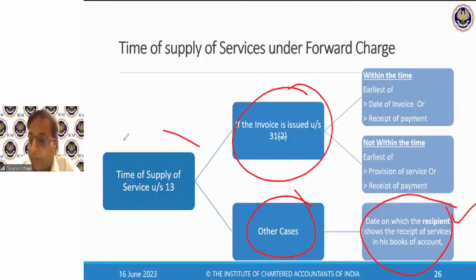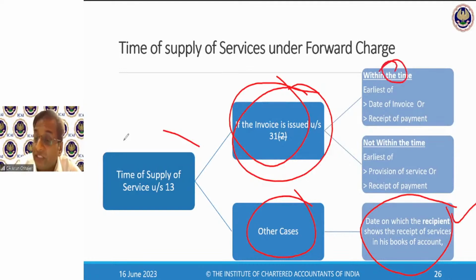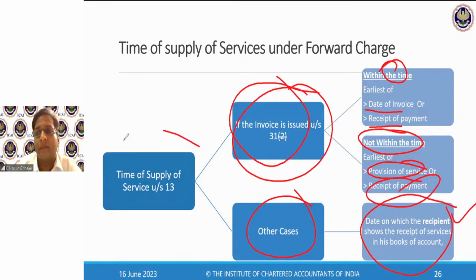So they have given the provision that in the recipient's books, the date of entry would be the time of supply. Now, what would be the time of supply for forward charge when the invoice is being issued? Check whether the invoice is being issued within the time limit, then the invoice date or the payment, whichever is earlier. If the invoice is not being issued within time, then it will be the rendering of services or receipt of payment.